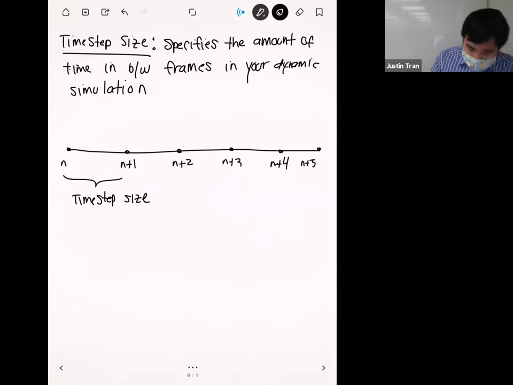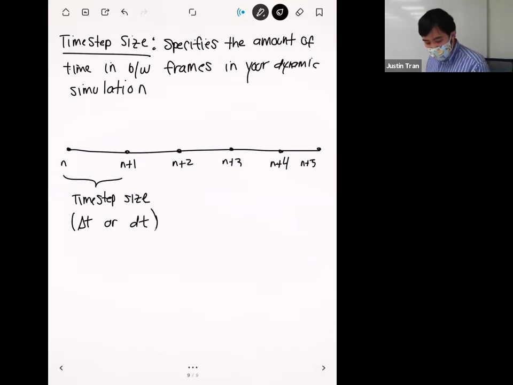Sometimes the symbol for time step size is given by delta t or dt. And this time step size is something that you yourself have to specify.